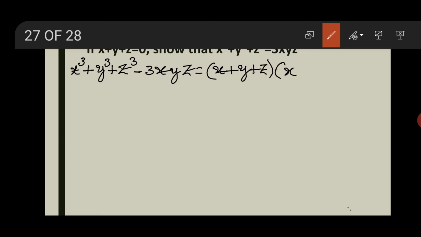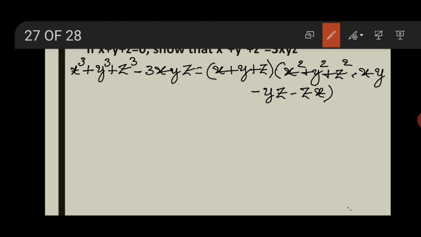X cube plus y cube plus z cube minus 3xyz is equal to x plus y plus z into x square plus y square plus z square minus xy minus yz minus zx. This is the algebraic identity.